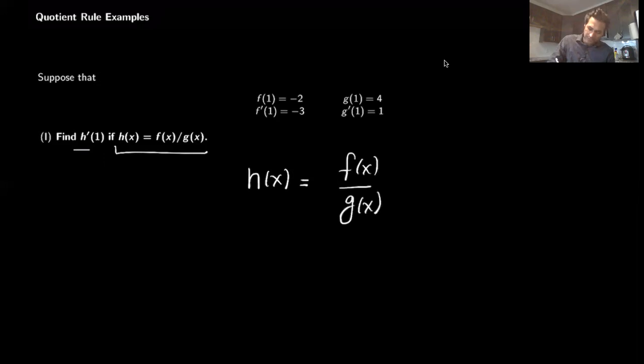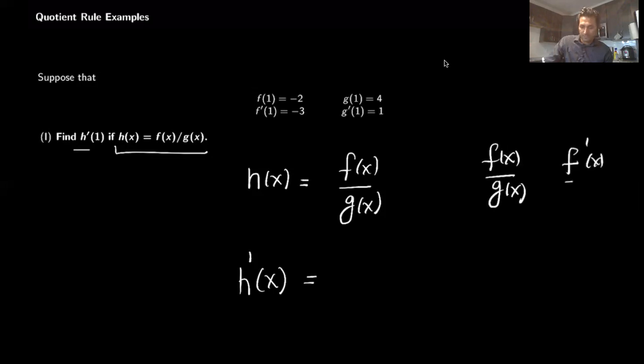So the first thing we are going to do is compute h prime of x. Since h is a quotient, I will use the quotient rule. I have the function f of x divided by g of x. I will calculate the derivative of the top function and write f prime of x, and the derivative of the bottom function, g prime of x. And then read that poem which says low d high minus high d low.